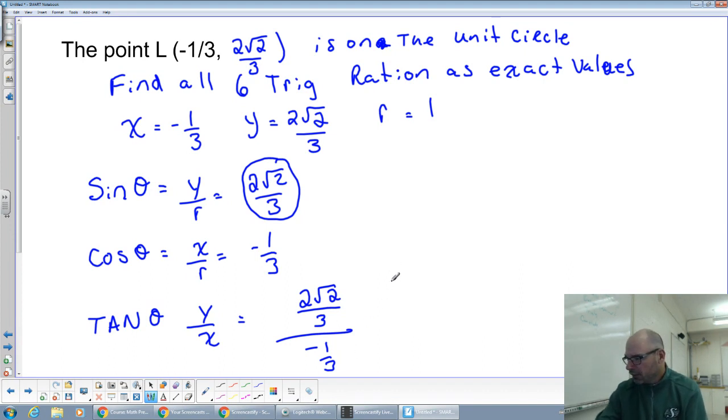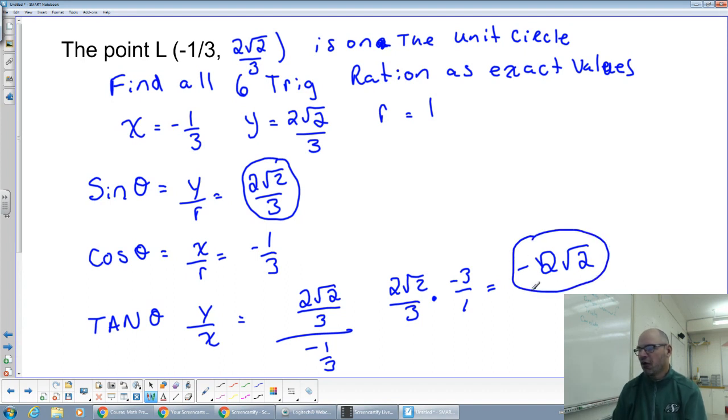So this would be 2 root 2 over 3 times negative 3 over 1. So that's going to give us, this will cancel out. We're going to get negative 2 root 2 over 1. Okay, so that's what it is.